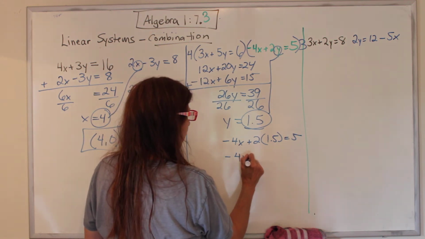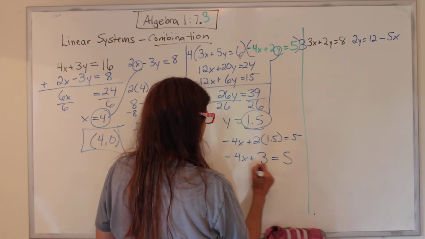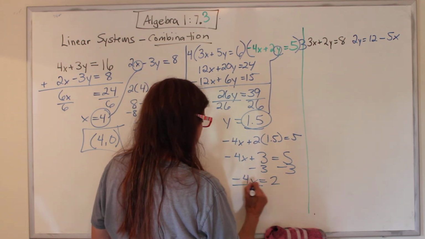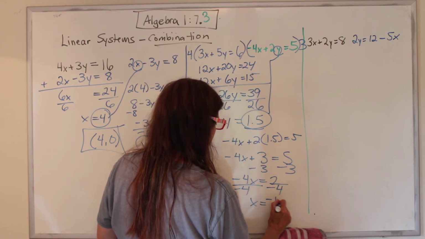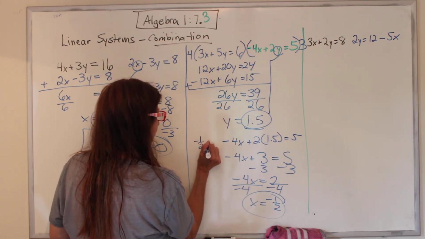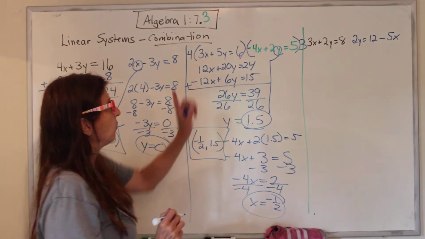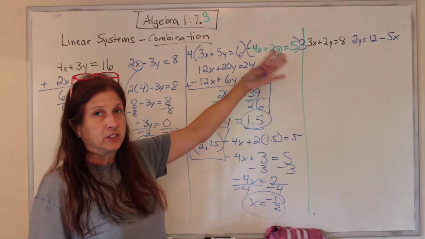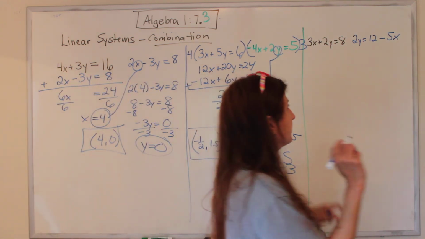So negative 4x plus 3 equals 5, minus 3, minus 3, negative 4x equals 2, divided by negative 4, divided by negative 4, x equals negative 1/2. So my ordered pair is negative 1/2, 1.5. Now, when it's like this, I don't do this. It's too much. I would just do substitution here. If combination is that big of a pain, I don't do it. Unless there's a z, and then you have to.